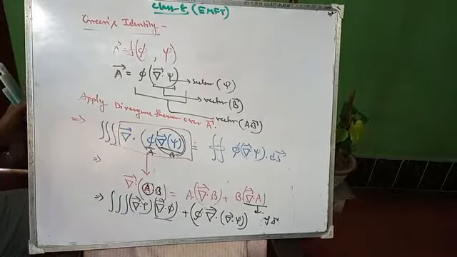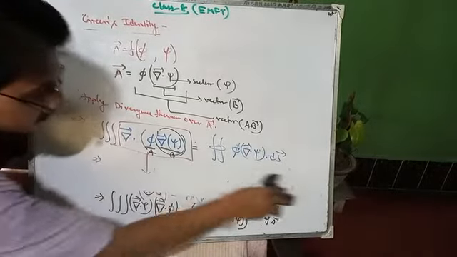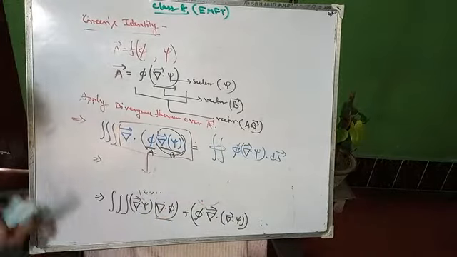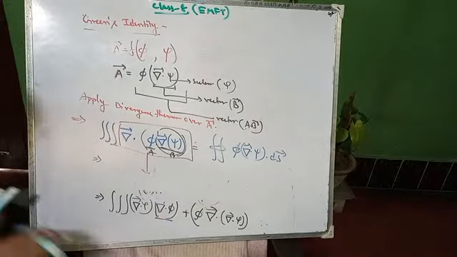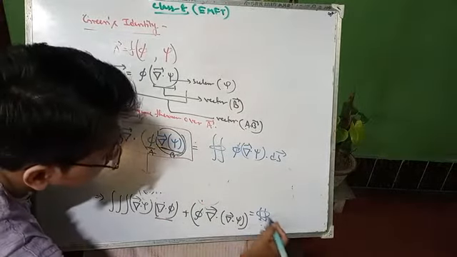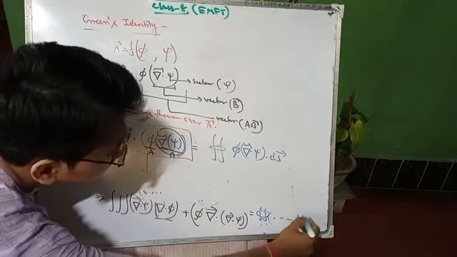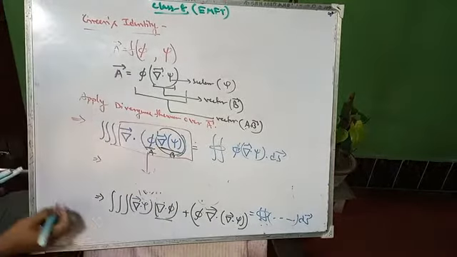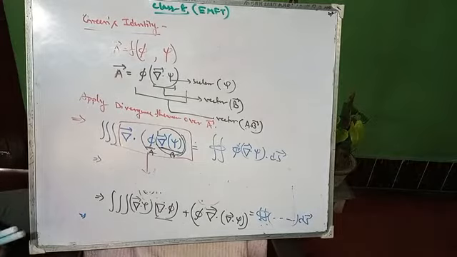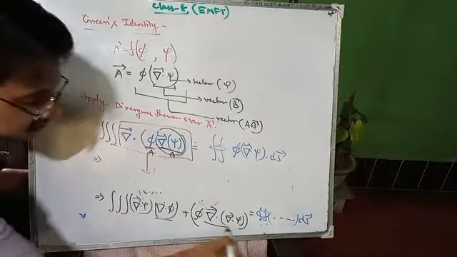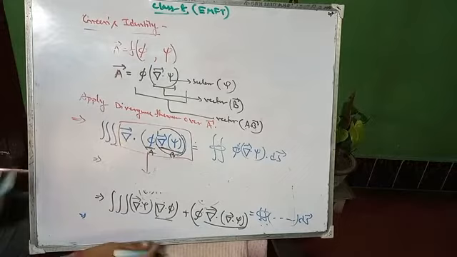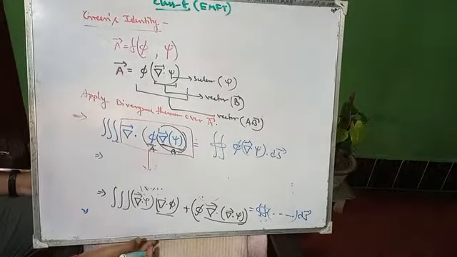Next, the right hand side remains the same. Here we can see that this is the Laplacian. Divergence of gradient means Laplacian.